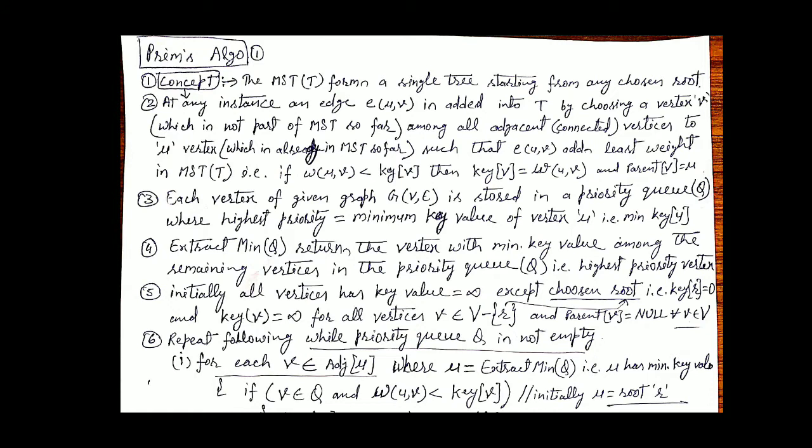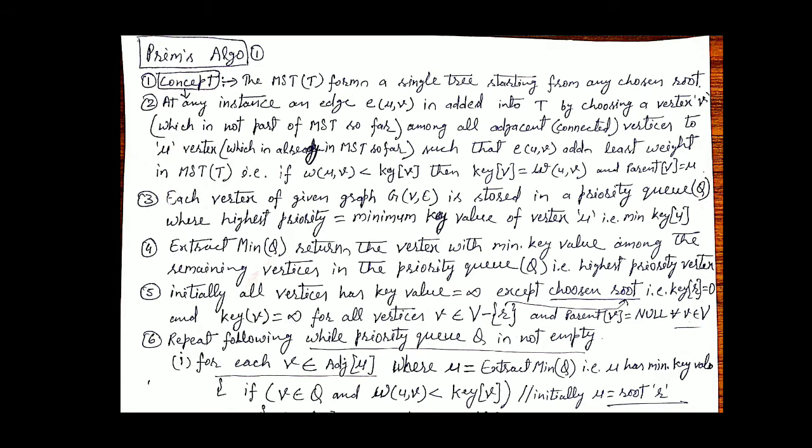So if we are deciding whether the adjacent vertex, a small v, is to be taken into consideration or not, then we just find out whether the edge EUV with weight WUV gives the least weight in the MST or not. And it can be done by using the key values at each vertex.